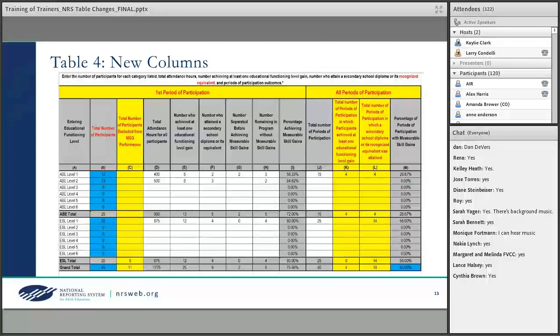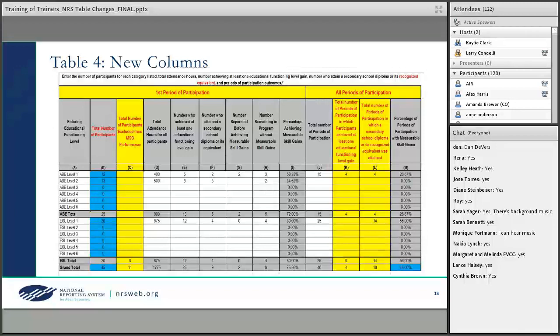That's one change. The other thing we did in Table 4 for next year is break out the calculation for MSG and achievement of a secondary credential. So you can calculate separately the percentage of participants for periods of participation who achieved an educational functioning level gain and those that achieved a secondary school diploma or its equivalent.